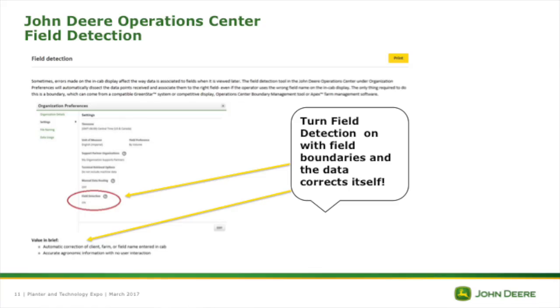Now, if you use this tool and have field boundaries around your farms and fields, when you bring that data up, if he accidentally called it the wrong field, because the boundary tells its location, it automatically corrects itself and knows where that data needs to go. They're putting more and more tools in to prevent that double entry and keep your data clean all the time. So that's a nice little thing, and it's only a click and some boundaries, and your data's getting clean on the way in.